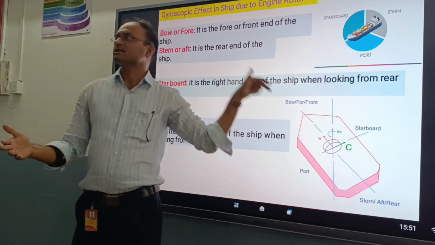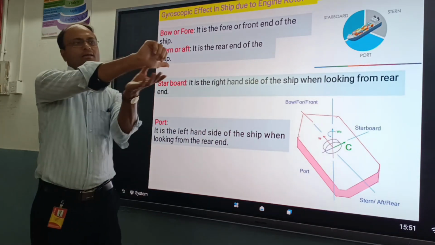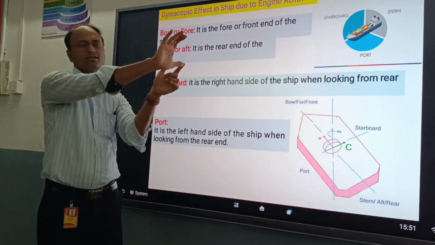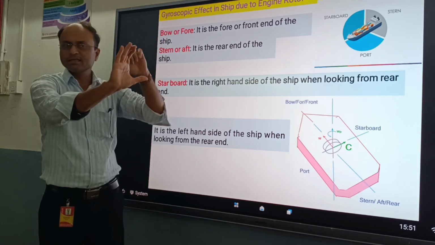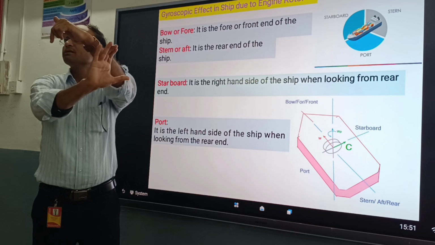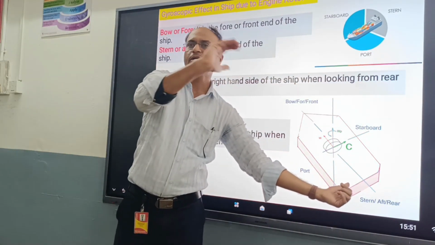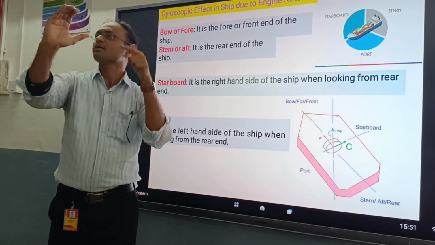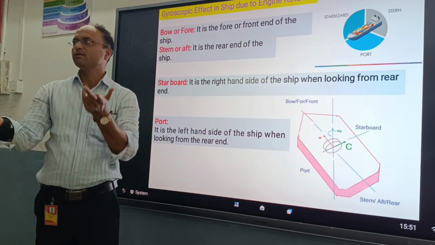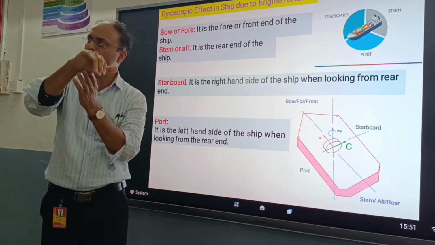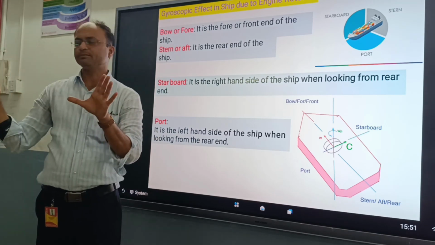Correct. If we look from the front, how will the same rotor appear to you? It will appear anti-clockwise. See, this is the direction. This is axis of spin. Rotor is rotating in clockwise direction when you view from rear, but if you view from front, it will be anti-clockwise. Okay, so the statement can be twisted. When viewed from rear, it is rotating in clockwise. When viewed from front, it is rotating in anti-clockwise. Both have the same meaning. Okay.